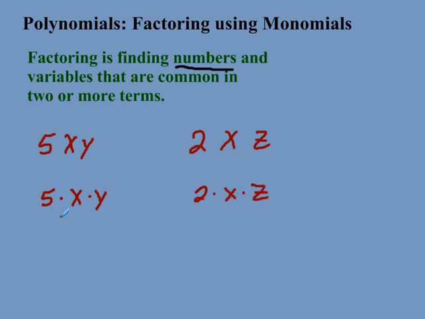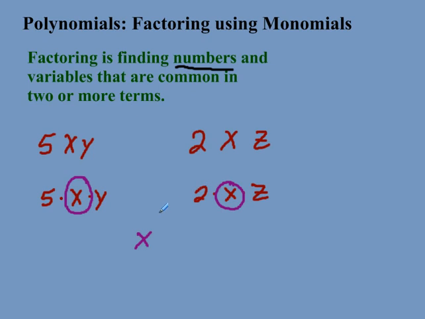Okay, what is common in this group and in this group here? There's a 5 here, but not a 5 here. There's a 2 here, but no 2's there. There's an x here. There's also an x here. Let's circle that. Y and a z. Okay, the only thing that's common is x. So, we say that x is our common number or variable in these two terms.